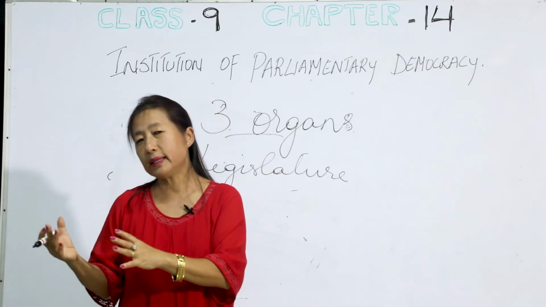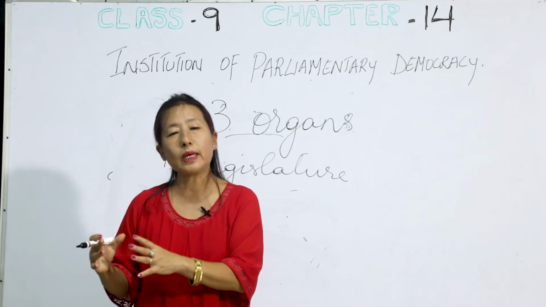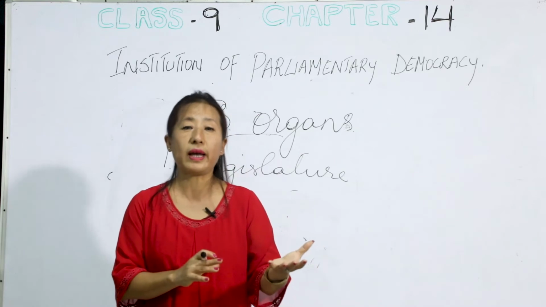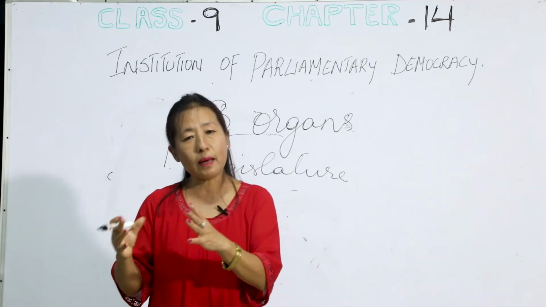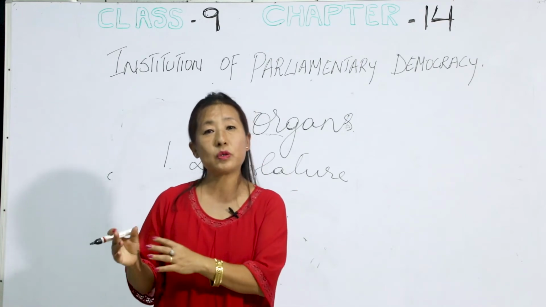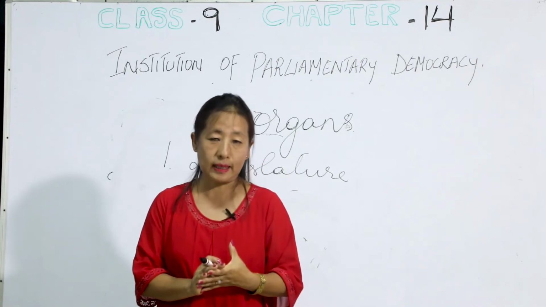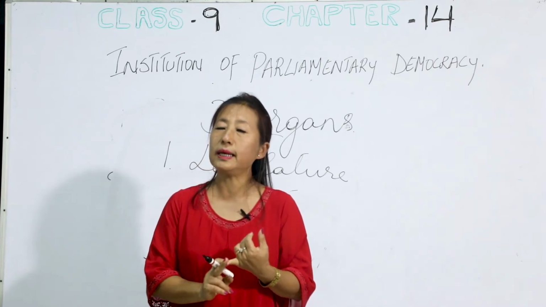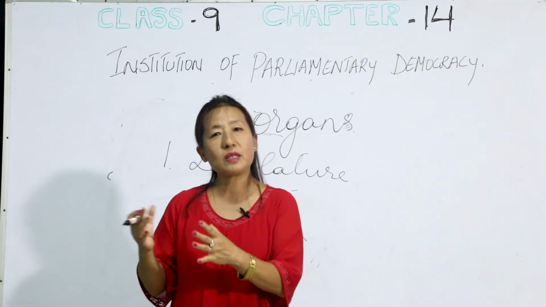Then regarding the parliament, they also look into the matters of finances, or financial matters. Right now I'm just giving it to you in brief because later on we are going to discuss it in detail. Here the parliament is the final authority. They are the ones who make the finances.